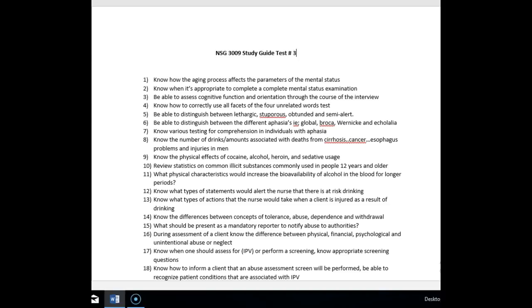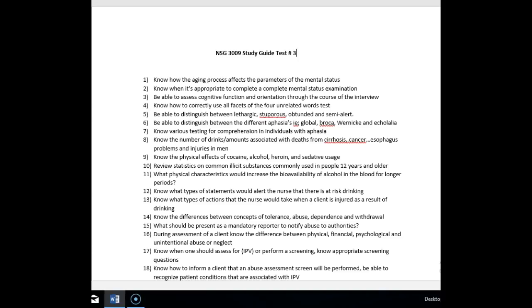When a person is obtunded, it's a transitional area between being lethargic and being stuporous. So they sleep most of the time, they're difficult to arouse, and they need loud and vigorous shaking, and they may act a little bit confused when they're initially aroused.